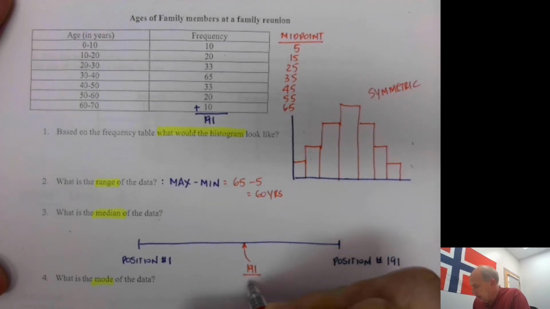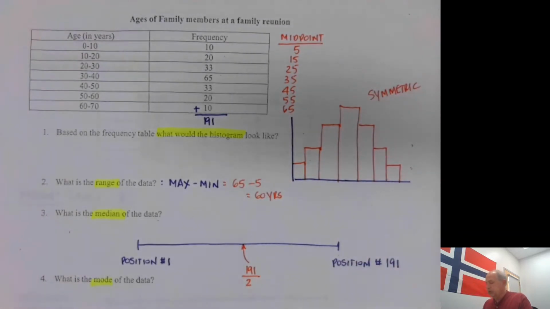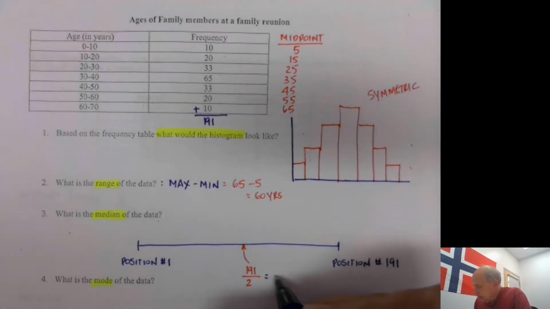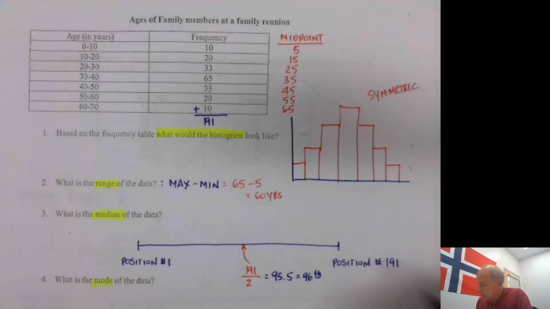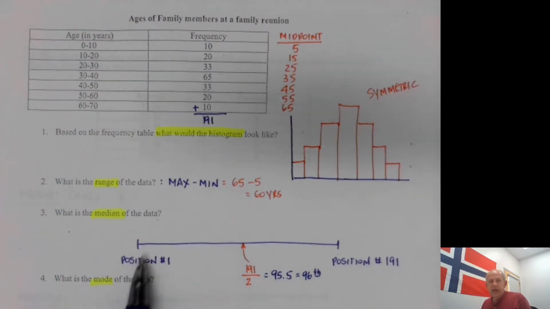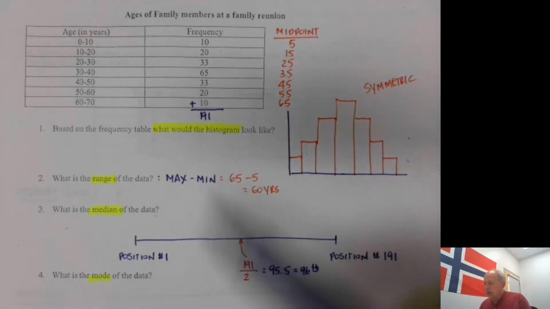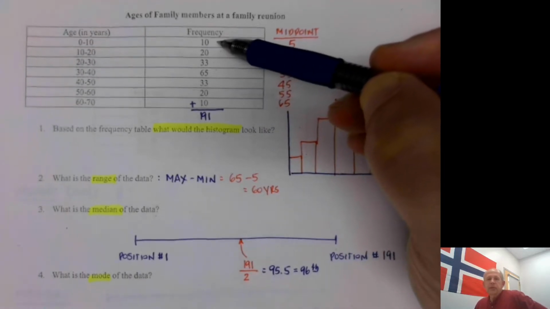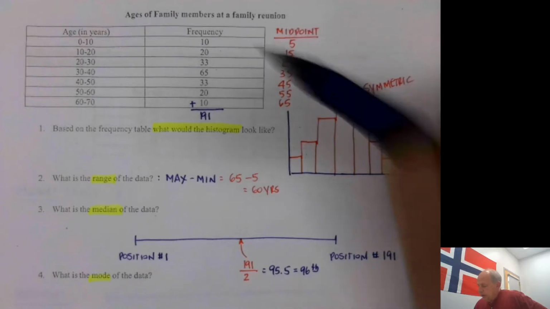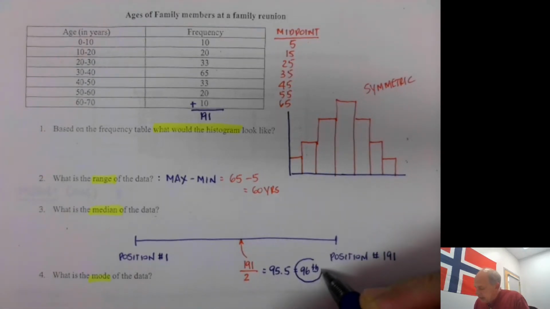So I'm going to take 191 positions and divide it by 2. So I am looking for the 95.5th, or 96th person in line, as I have everybody in line from the youngest to the oldest. So I come up here to my frequency table and I look to see where the 96th person is standing.